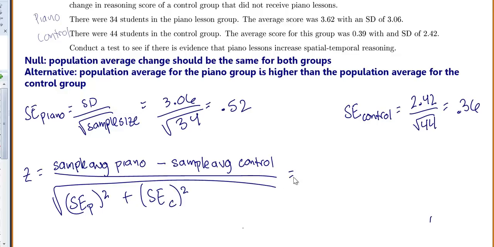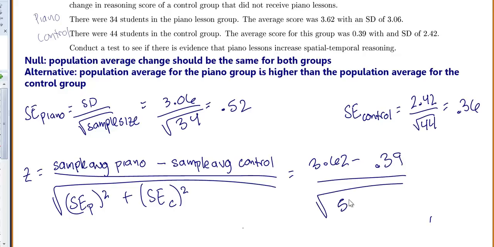So the sample average for piano was 3.62. Sample average for the control was 0.39. And the two standard errors were 0.52 and 0.36. And we square both of those and add them together. And this gives me 5.13.